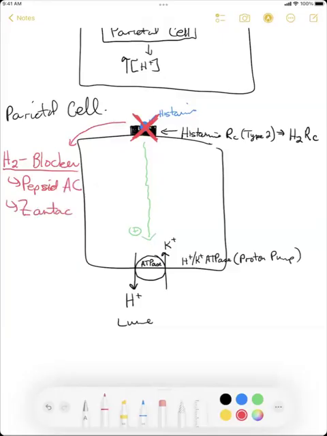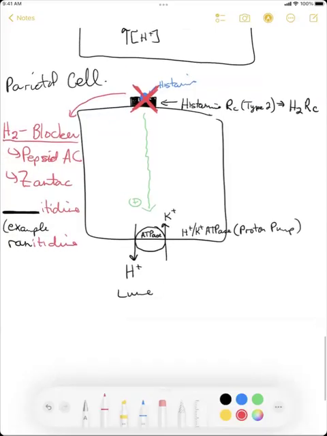And for the generic name of these medications, they have a starting word and then they end with itidine. So Zantac is ranitidine. That's how you can tell that it's an H2 blocker.